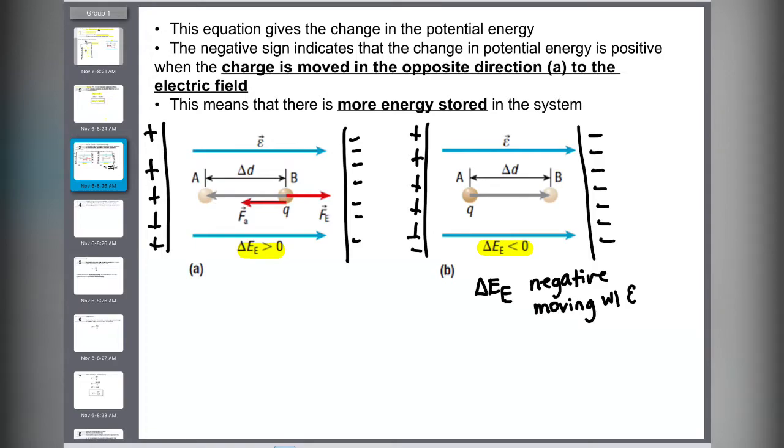Do you see how this gray arrow right here is telling you that the object is moving to the right, and that means as it goes, it's going to be losing the stored energy. That's why when you write the equation, delta EE would equal a negative if it's moving with the epsilon, moving with the electric field, meaning you are losing stored energy.